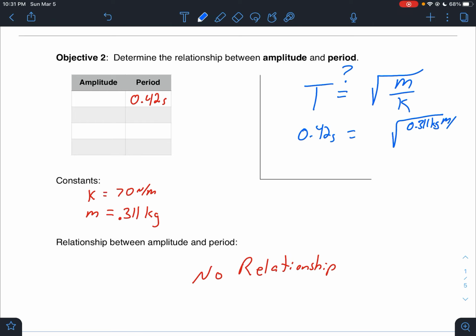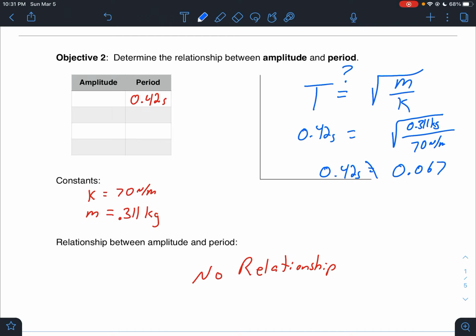And you'll do this too. You can do it for one or several trials if you want to just double check. And my spring constant. So when I do this, and I plug it in, I get that these do not equal each other. Okay, so not the end of the world.